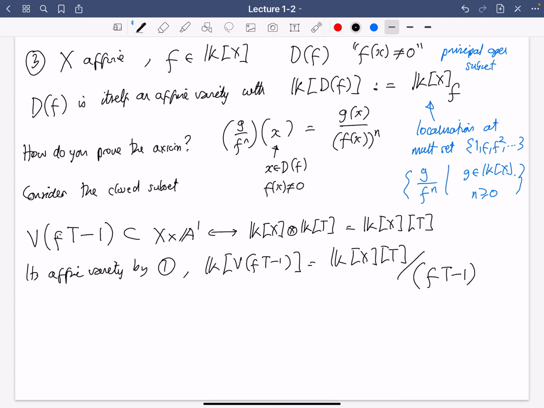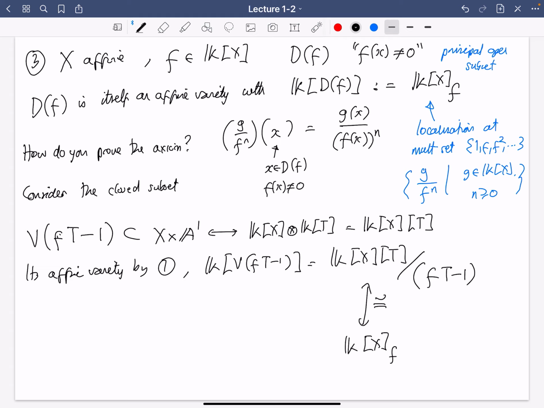And then really all you have to do to see that my localization that I told you was the principal open subset D of f does the right job, is to see that this quotient algebra, k of X t, quotiented out by this ideal ft minus 1, is actually isomorphic to the localization.